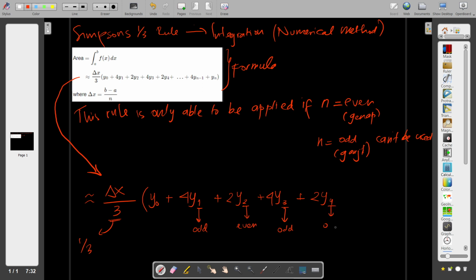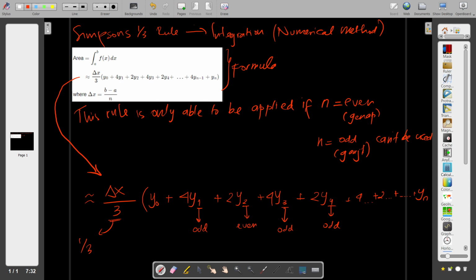Then plus 4, and so on, plus 2, and so on, until the final y. The final y is not multiplied by 2 or 4.